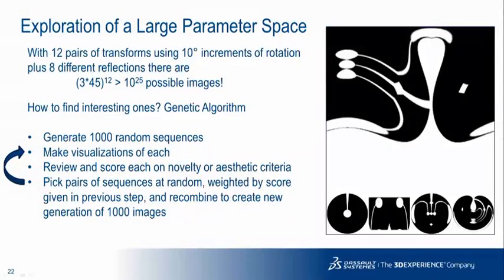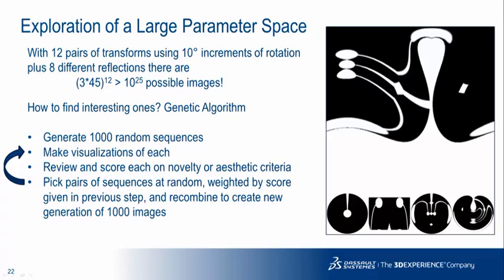Well, what we're faced with is a very large parameter space, right? If you think about this vector that we're constructing, or the genome of this particular image, we've now got a very large high-dimensional parameter space. In fact, at that point when I was working with this, I figured that there were probably 10 to the 25th possible images that one might construct here.